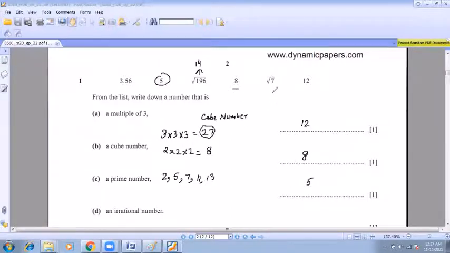7 we have, but it comes in square root form, so this will not be a prime. If you simplify the square root of 7, the answer is 2.64513.